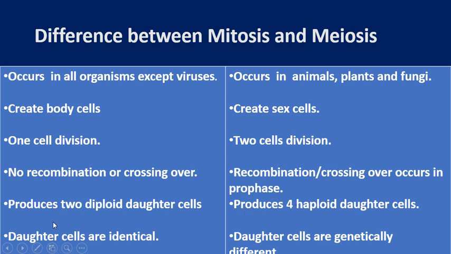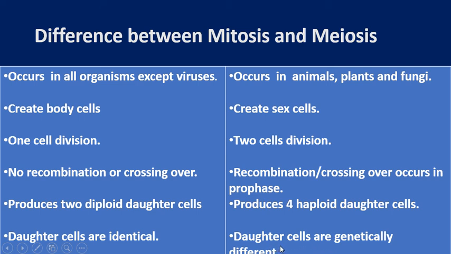You know that the number of chromosomes in mitosis is diploid, as in the first cell, so the daughter cells are diploid, but meiosis produces 4 haploid daughter cells. In mitosis the daughter cells are identical, with no differentiation, the same copy of their parent cells, but in meiosis the daughter cells are genetically different.